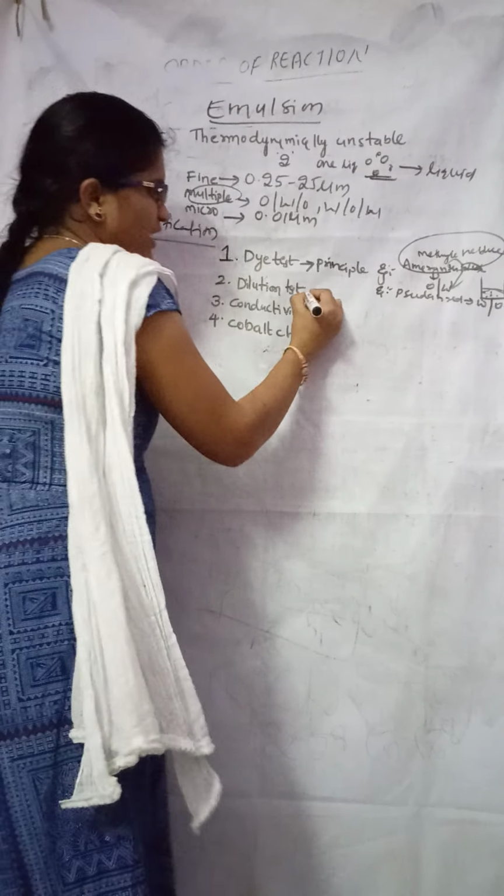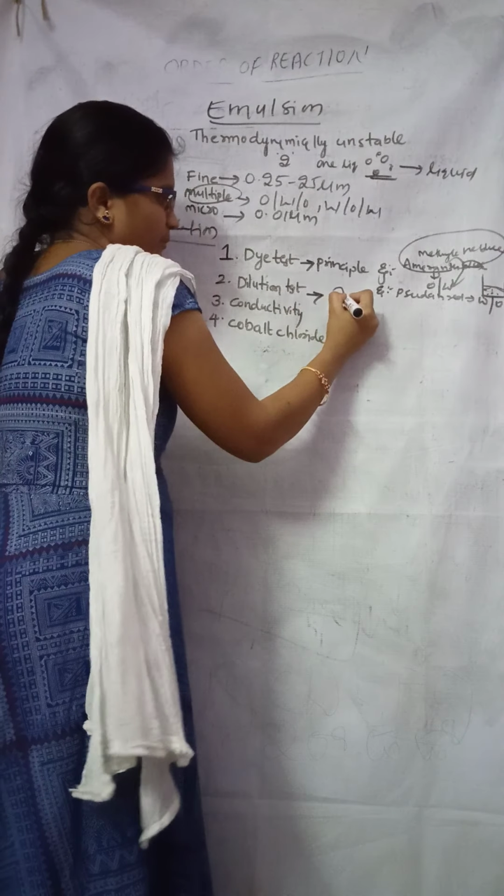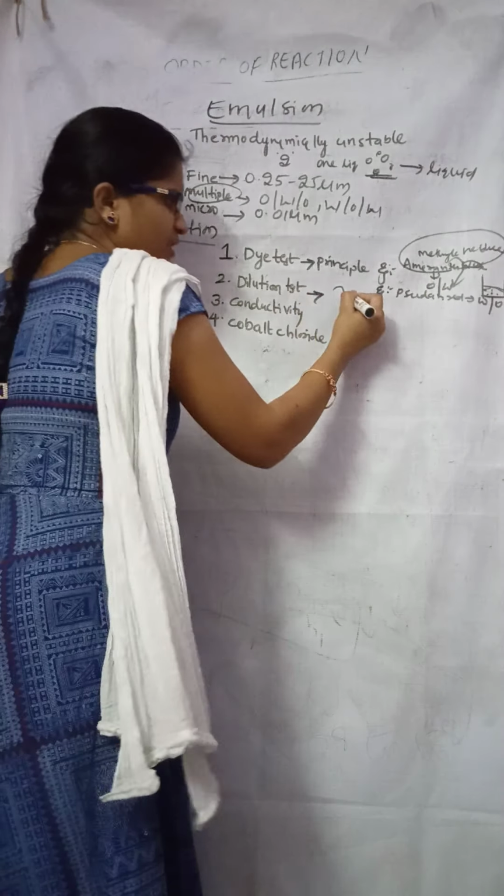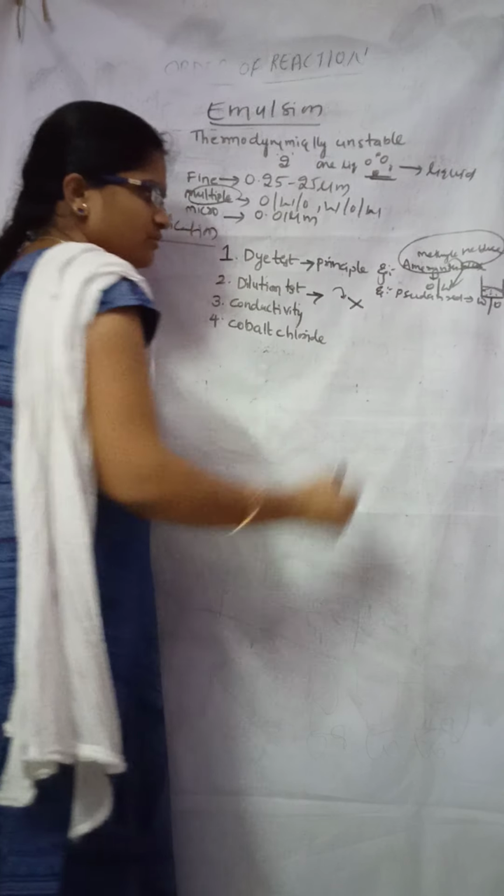Next is the dilution test. Here, which is the original dispersion medium, we don't know yet. So in this case we are going to add a dispersion medium, either oil or water. Based on whether there is separation of the phases, we will identify the emulsion.